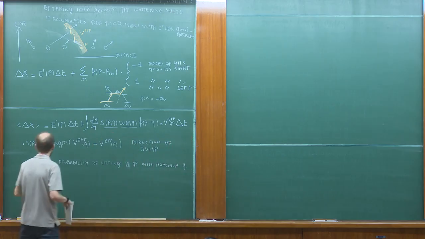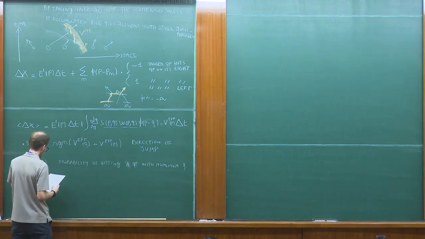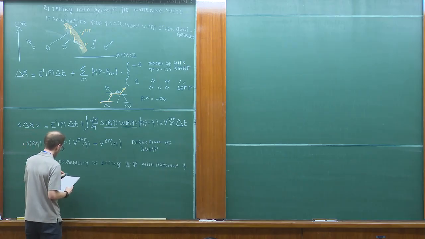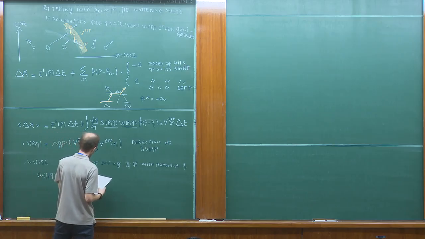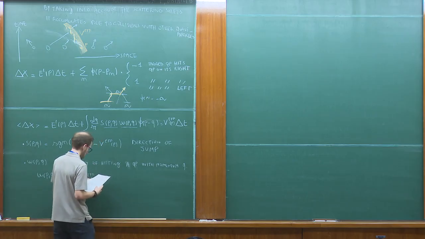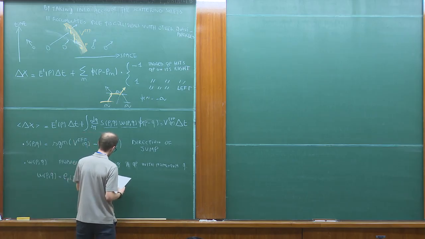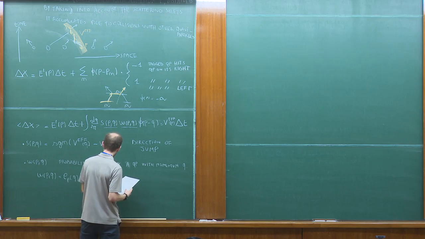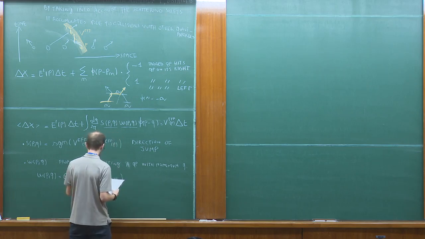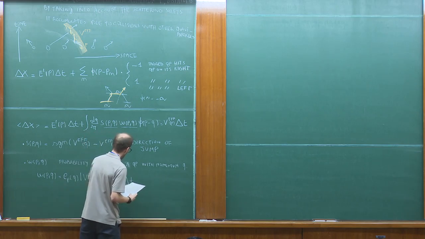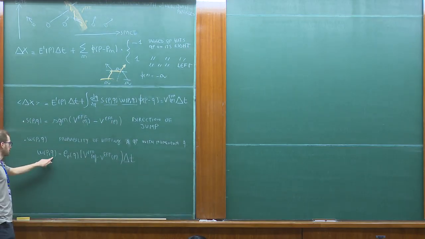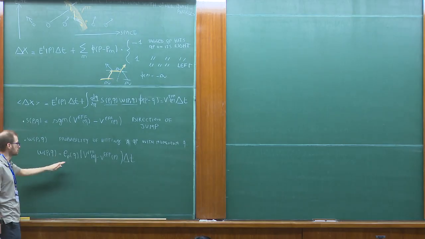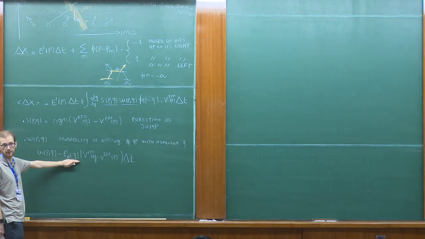And this is given by, of course, this object here, because this tells you that the probability of hitting for the tagged quasi-particle P another quasi-particle with momentum Q is proportional to the density of quasi-particles available at that momentum.